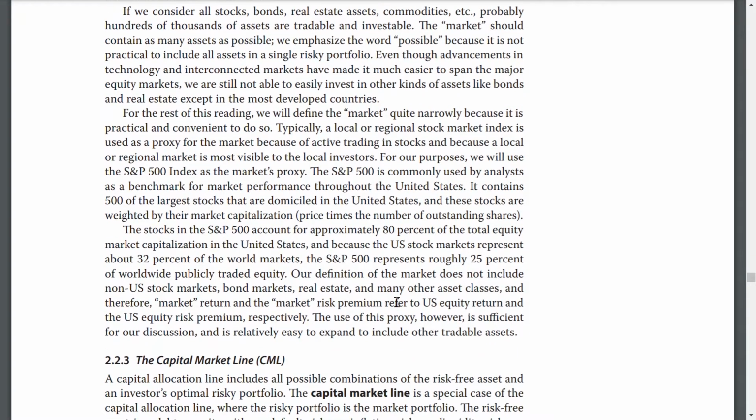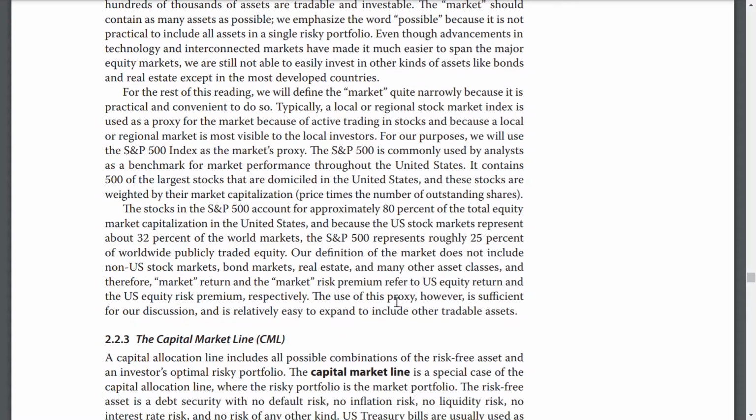The stocks in the S&P 500 account for approximately 80% of total equity market capitalization in the U.S., and the U.S. stock market represents about 32% of world markets. The S&P 500 represents roughly 25% of the world's publicly traded equity.